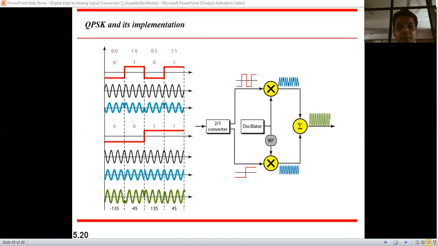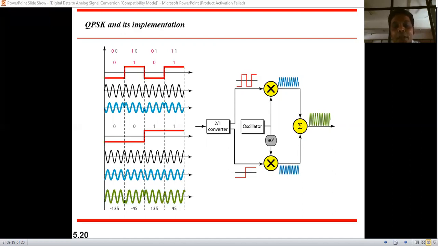You can observe here, in this parallelism of the bit stream, every two incoming bits are split up, and the phase shifted carrier frequency is used to create a modulated signal, which will be considered as an analog signal. One carrier frequency is phase shifted by 90 degrees from the other carrier frequency, in quadrature.